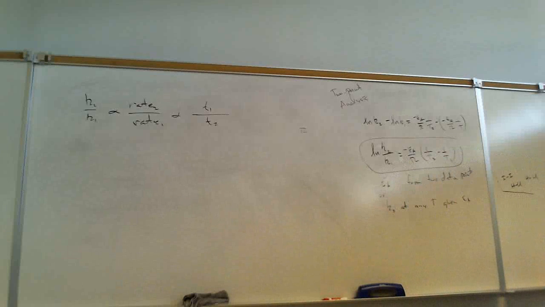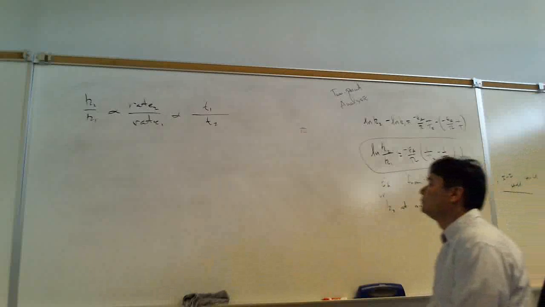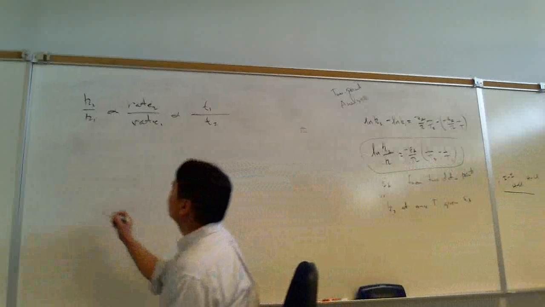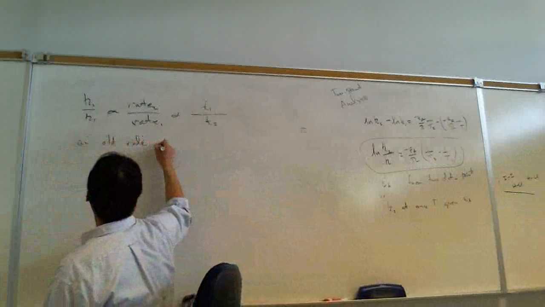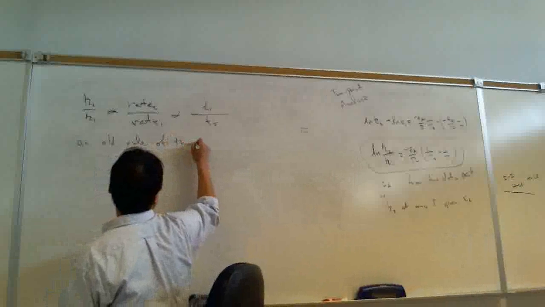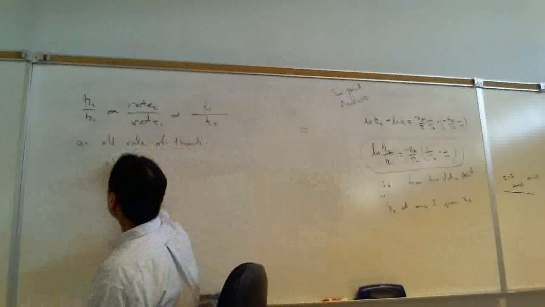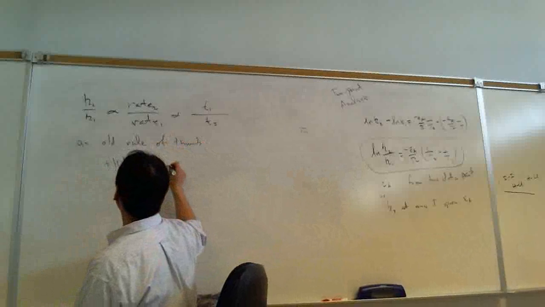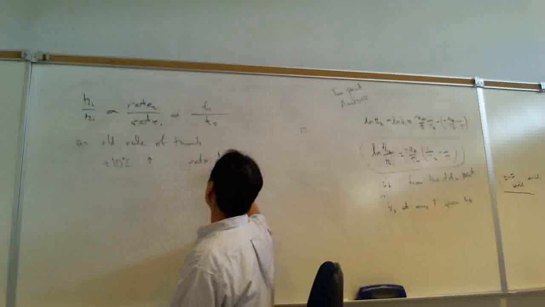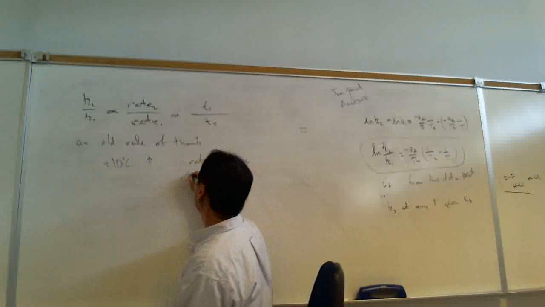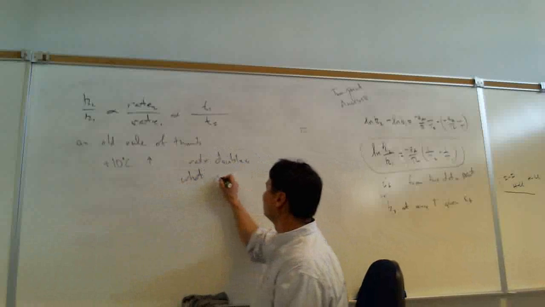And so what we're going to do is this. An old rule of thumb: if we have a plus 10 degrees C temperature increase, then the rate doubles. What must be its activation energy?